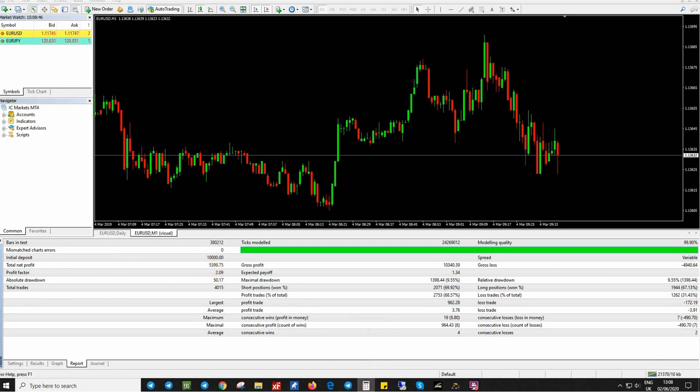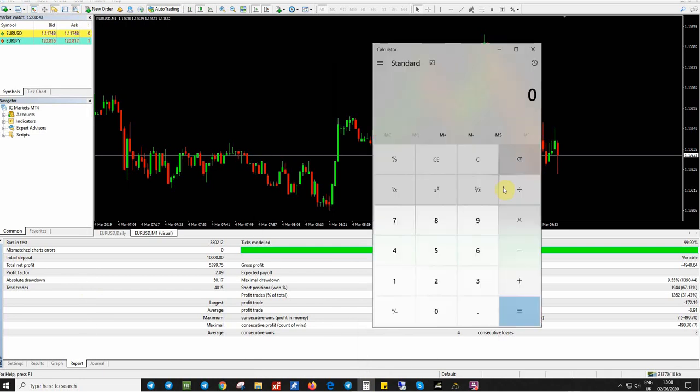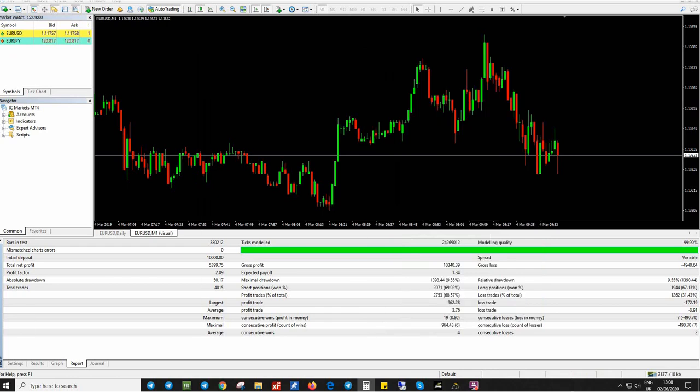Well, if we just get the calculator here, and we'll just go 5,400, and we'll just divide that by 12 months, which is what the test was, we get 450, which is 4.5% a month. And the maximum we've ever risked is 9.5%.